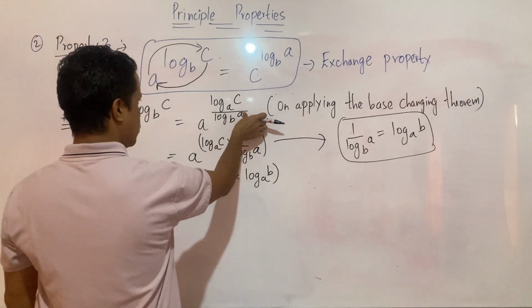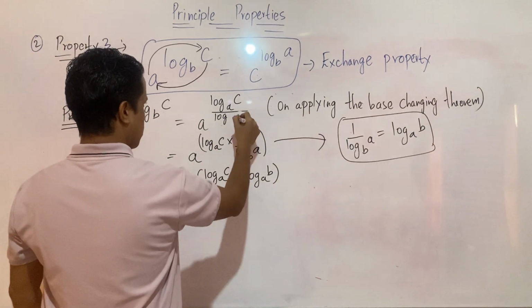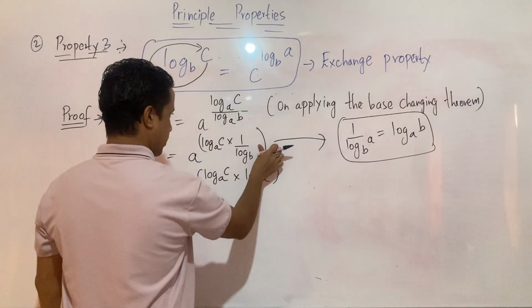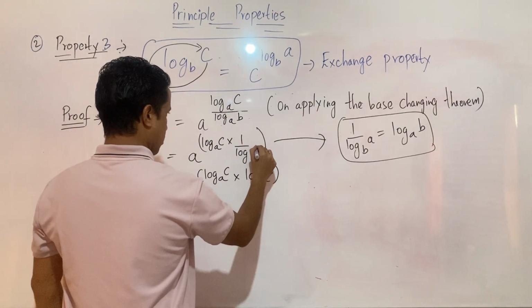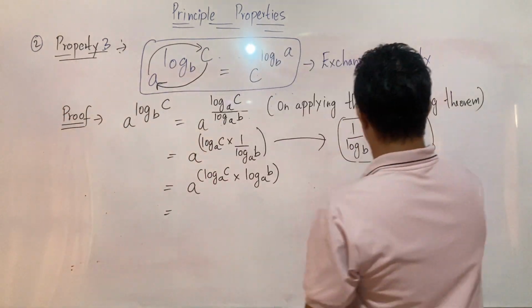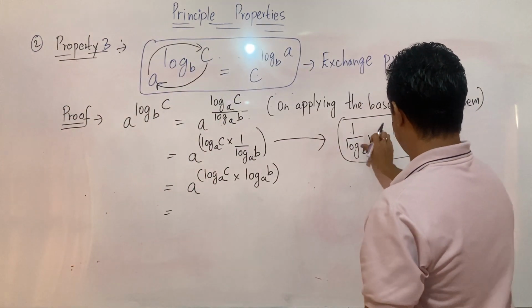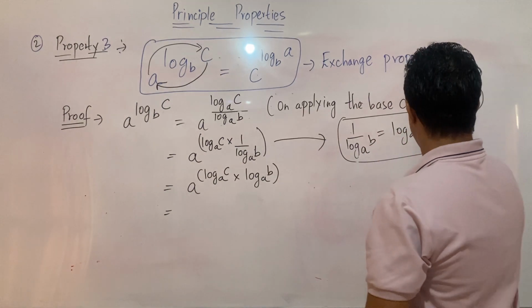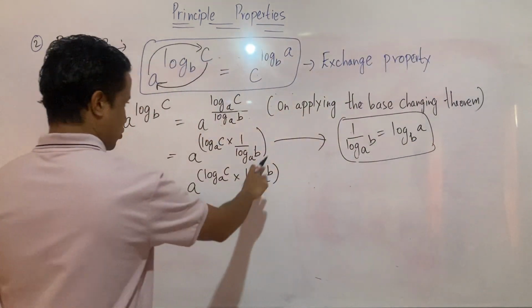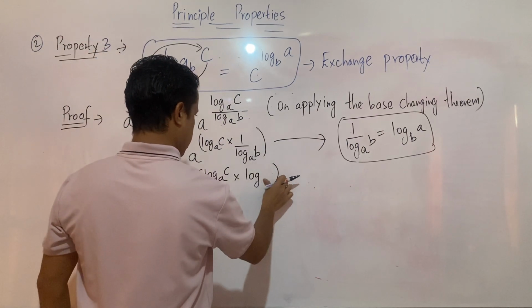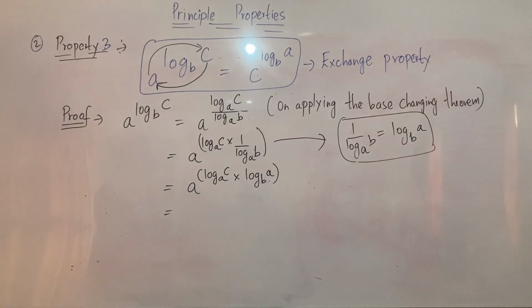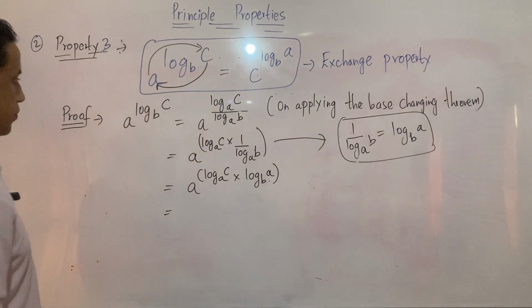Sorry, this is b to the base a. Oh, that's a mistake. This is b to the base a. So it's going to be a to the base b. Yes, a to the base b.